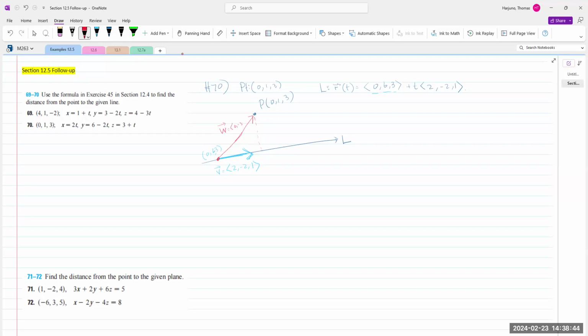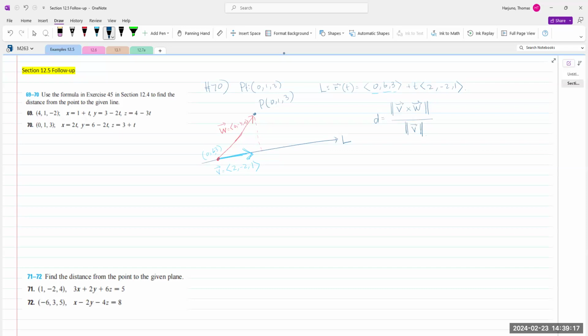So the distance that we're looking for must be the magnitude of the cross product V and W. The distance equals the magnitude of vector V cross vector W, which will give us the area of the parallelogram, divided by the length of vector V.